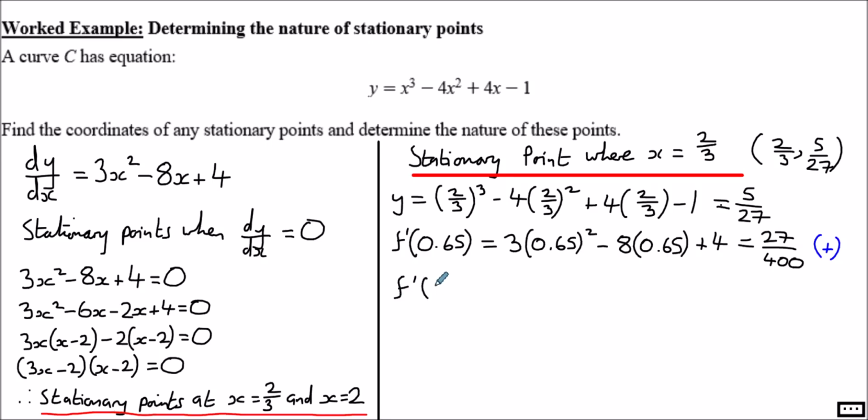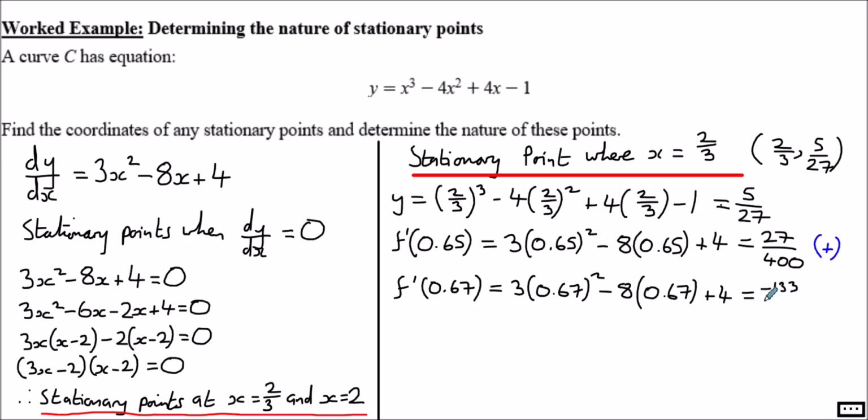So let's try evaluating the gradient at 0.67. So again, use your calculator for this, obviously. So we get 3 lots of 0.67 squared minus 8 lots of 0.67 plus 4, unless my earlier calculations are mistaken, that should come out as minus 133 over 10,000.